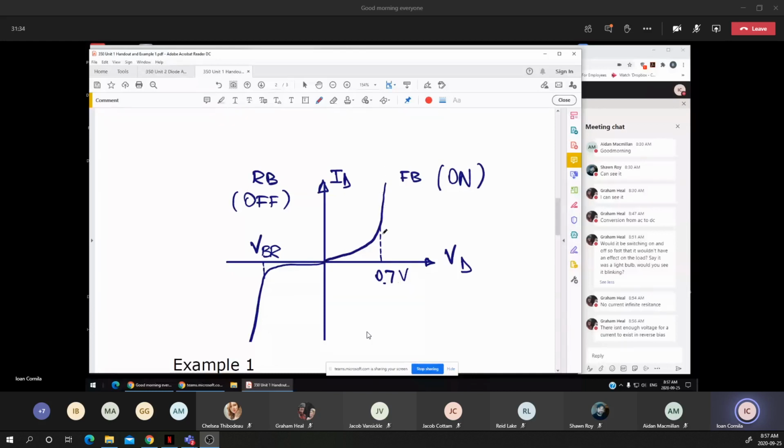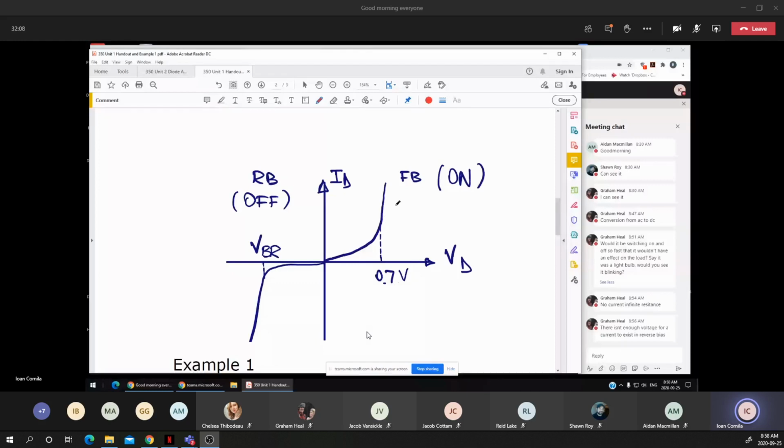The other current, ID, most of the time we are dealing with milliamps, amps, 10 amps, 100 amps, which is way higher compared with the reverse current, which is in terms of milli, micro or nano amps. Probably just a few milliamps, but I'm comparing that with hundreds of milliamps or tens of amps or hundreds of amps.